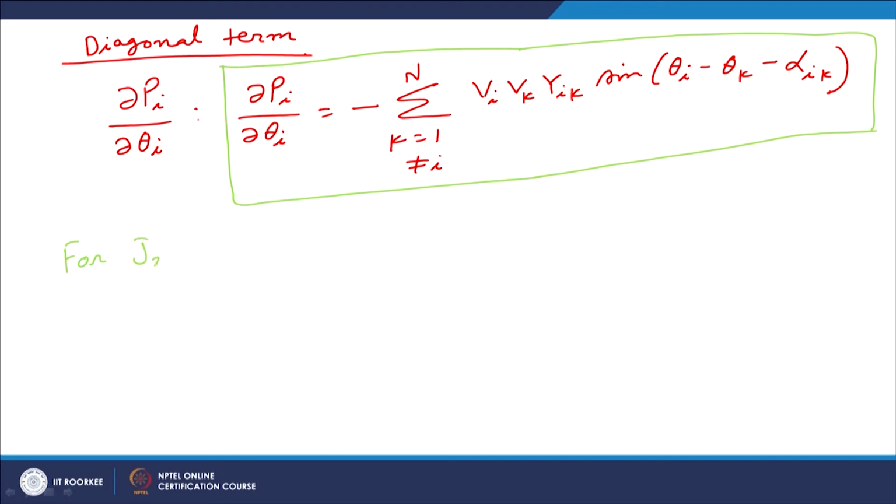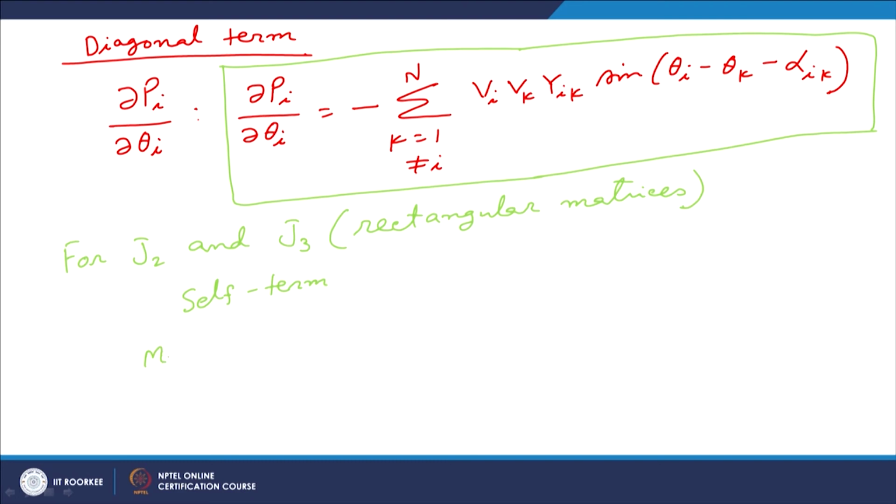Now, J2 and J3 matrices are nothing but rectangular matrices. For these two matrices there is nothing called a diagonal term or off diagonal term, but in our parlance, for J2 and J3, which are rectangular matrices, we call something the self term, and we call the mutual term.